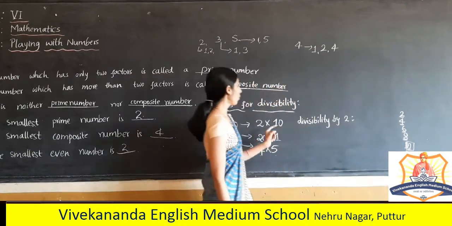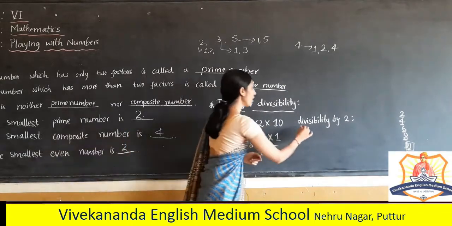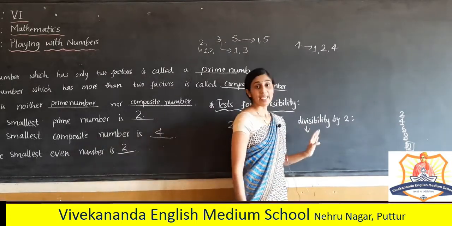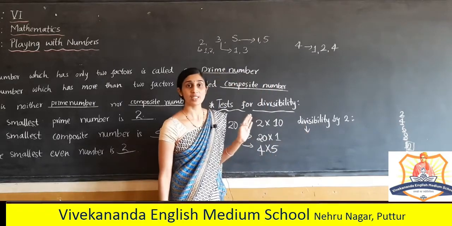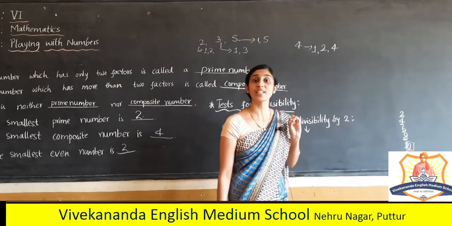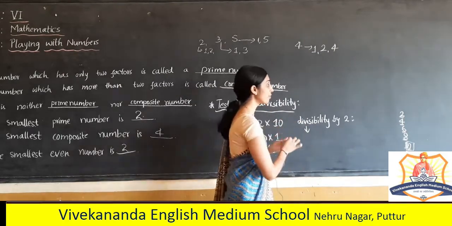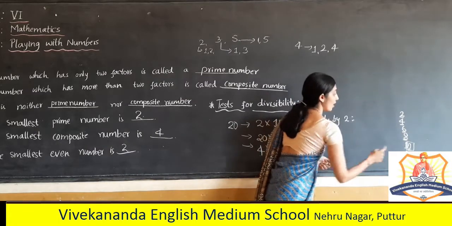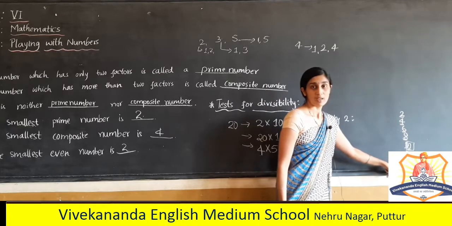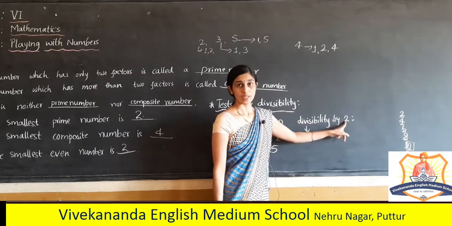So what I can say, I can frame a simple general rule here, right? If any number consists of 0, 2, 4, 6, 8 in its units place, if any number ends with an even digit, it is always divisible by 2. Understood?